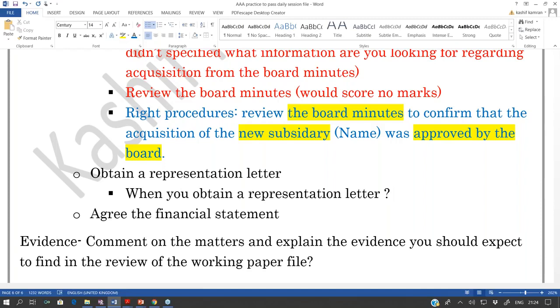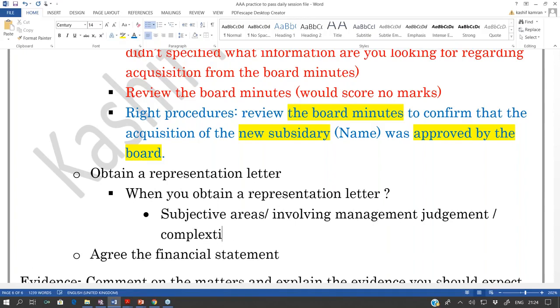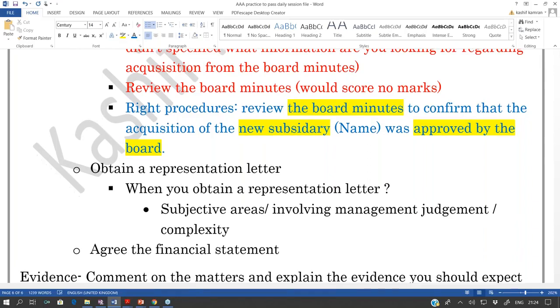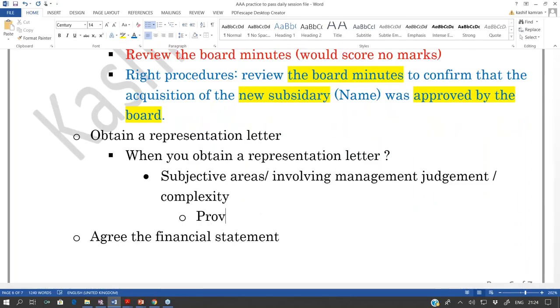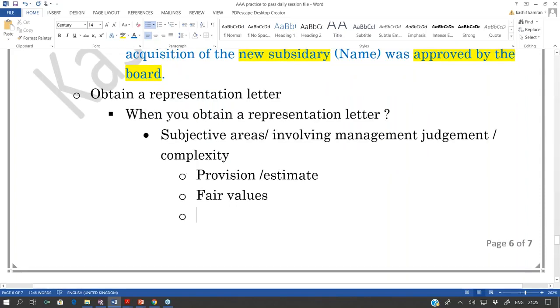You obtain a representation letter for subjective areas, for areas involving management judgments, areas involving complexity. You might take representation letters for provisions and estimates. You might take them for fair values. You might take them for complex areas like actuarial valuations.